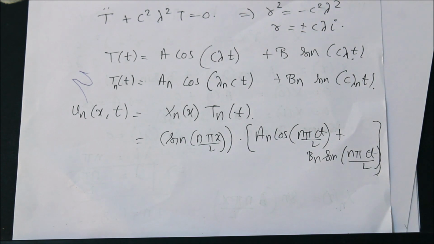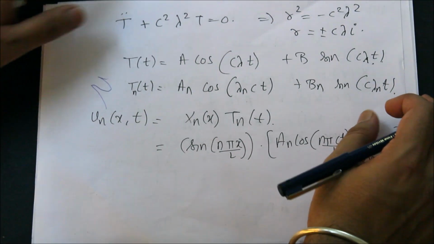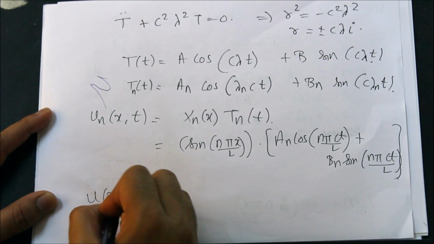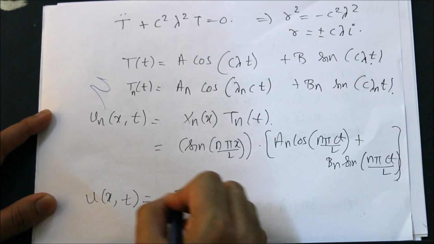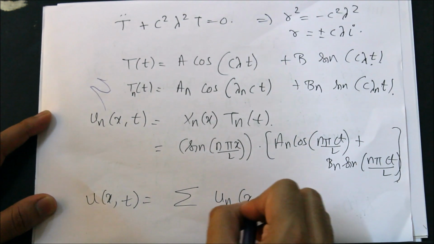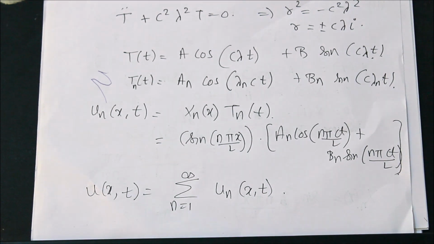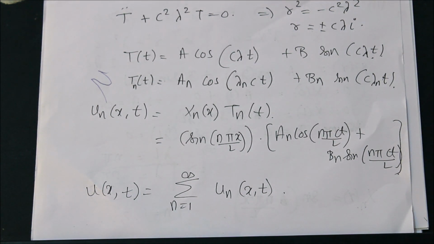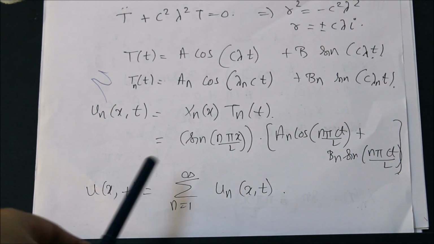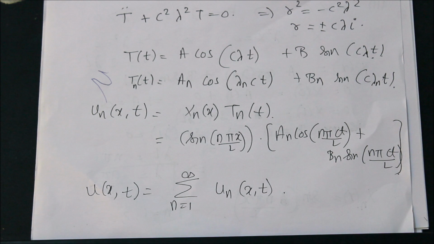And again, if I use the superposition principle, the linearity principle, let me call u(x,t) equal to the summation of u_n(x,t), where n is running from 1 to infinity. Since our wave equation is a linear and homogeneous partial differential equation, the addition of two solutions will again be a solution. And if I add infinitely many solutions, in this case, because we are in a very nice world, this also forms a solution and they satisfy the boundary conditions.